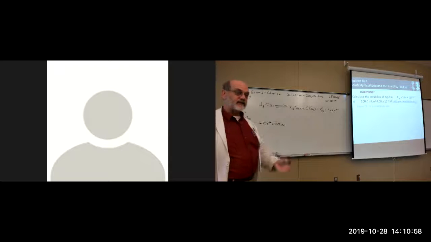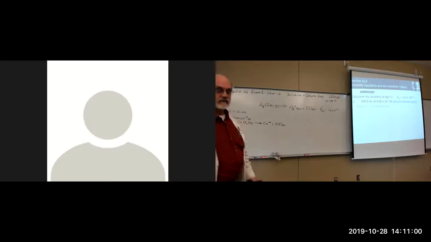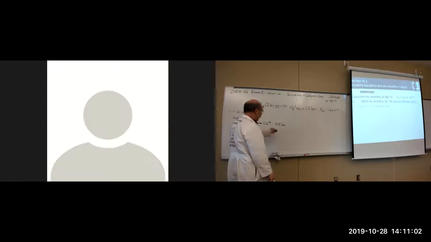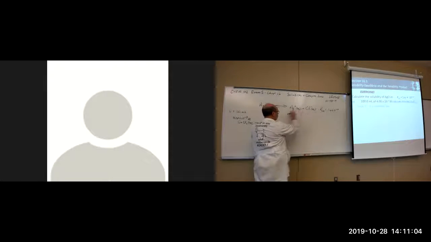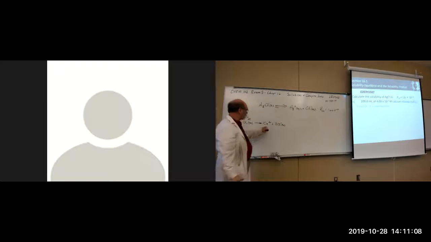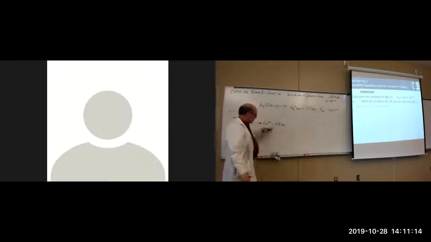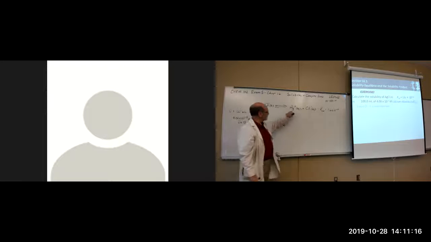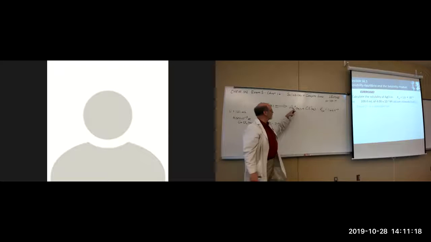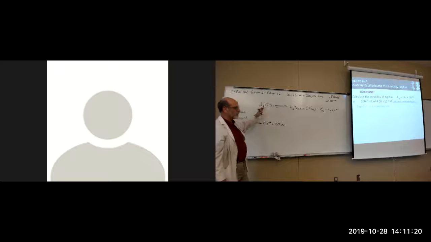Solubility should decrease, because we've included a common ion here that will interact with silver. Calcium chloride is soluble, so calcium interacting with these chlorides won't make a difference. But these chlorides interacting with silver, in addition to those, will drive the reaction back this way and reduce the solubility of silver chloride.